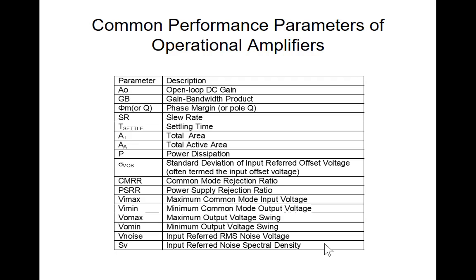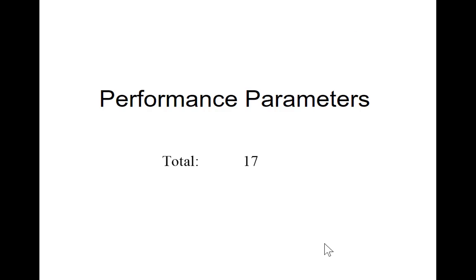If you look at the performance parameters in an op-amp, I've listed some of the things that we're interested in. Signal swings and slew rates and the gain and noise levels, offset, a lot of things we're interested in. I happen to list 17 parameters here.